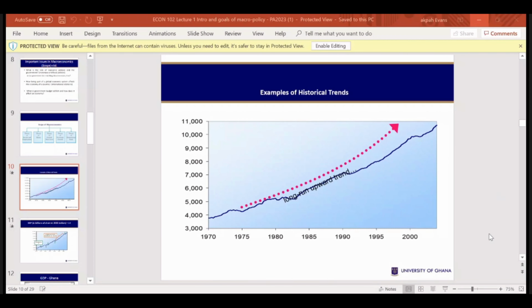Good evening, sir. Let me hear from you. Sir, about the budget deficit, I think that happens when the government spends more than the revenue that it receives. Yeah, that is exactly it.